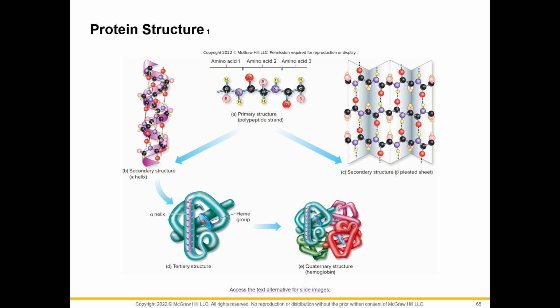This could either be an alpha helix in B here, or a beta pleated sheet in C. Where's C? There it is. The tertiary structure, which is D, is the three-dimensional structure of the protein. The formation of a protein by the bonding of two or more polypeptide chains would be the quaternary structure of the protein. Hemoglobin, the protein in red blood cells that carries oxygen, is used here as an example.